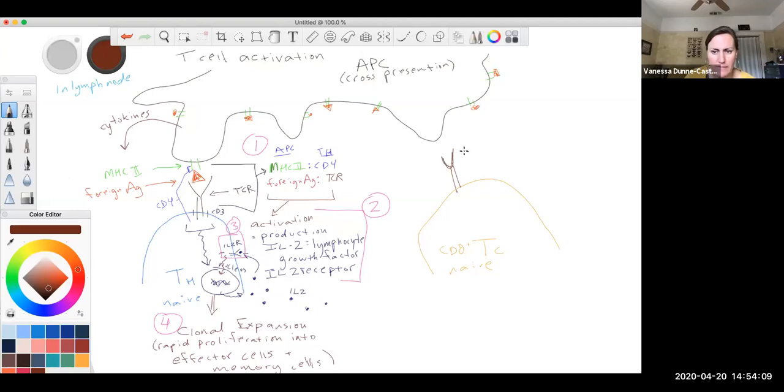And they also have specificity for their T cell receptor at the top there. And instead of CD4, these guys now have CD8 co-receptor. And we recall the CD8 co-receptor binds to and recognizes MHC class 1.